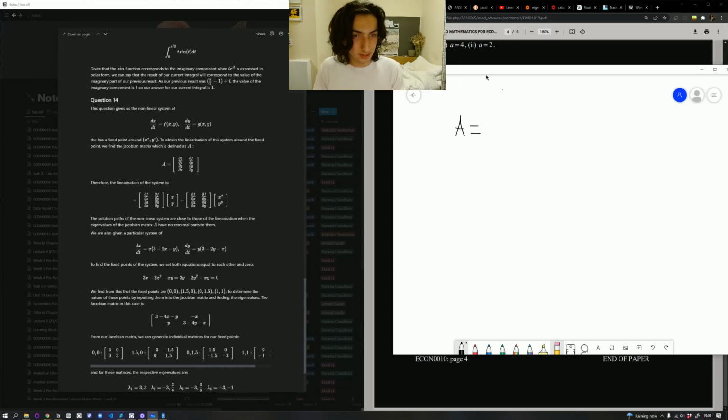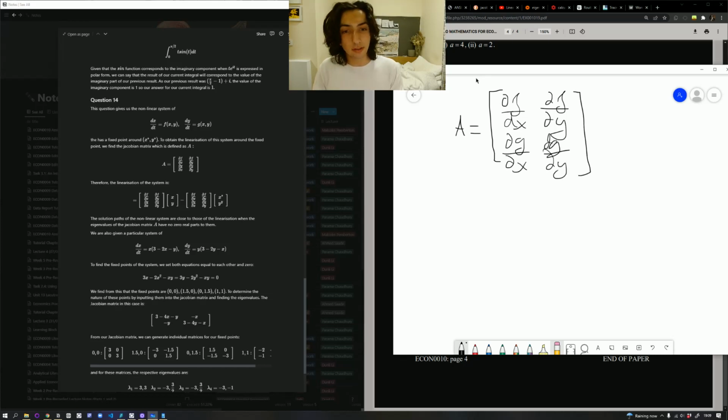The Jacobian matrix is, I think you guys know, essentially the partial derivative of the first with respect to its two variables, and then the partial derivative of the second with respect to its two variables. So that's going to be the Jacobian. And the result, which we denote as z dot, which is just the linearization result, is going to be equal to, I think it's Az or something like that.